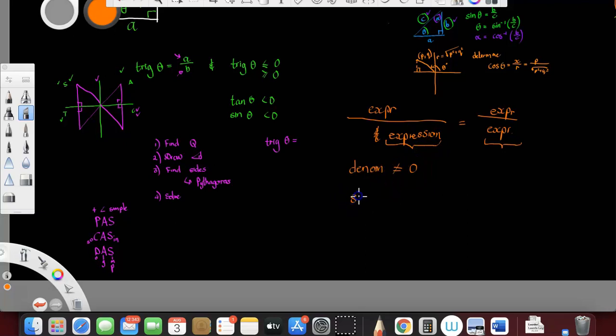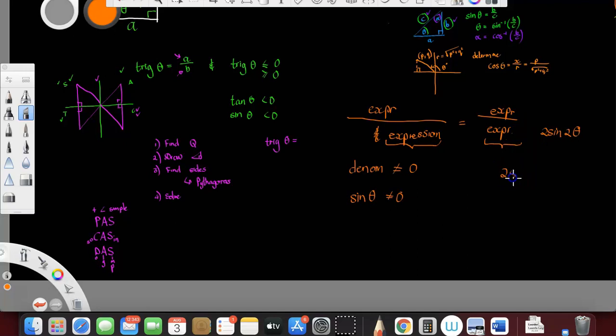So if it says that sine theta must not be equal to 0, then if there's a sine theta at the bottom of this whole expression, whatever is at the bottom, it could be a whole big expression, or on this side it could be something like 2 sine 2 theta at the bottom.